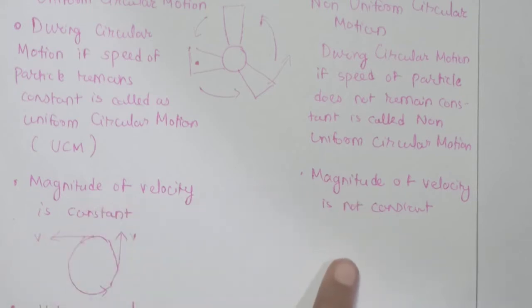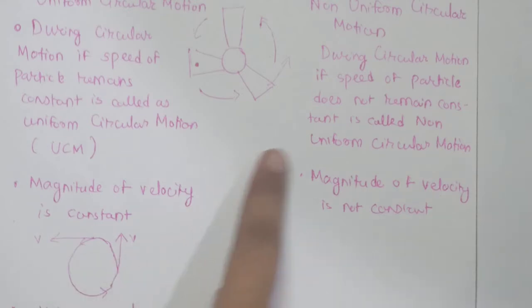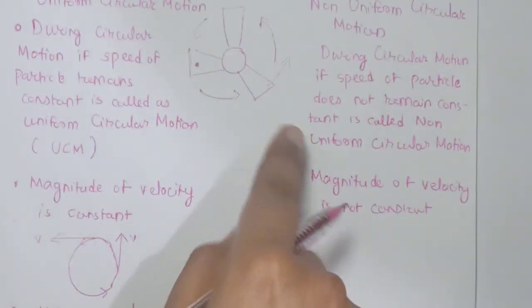In non-uniform circular motion, the magnitude of velocity is not constant. But the direction of the object is still changing. That's why it is performing circular motion. The direction of motion changes. Therefore, velocity is still tangential.